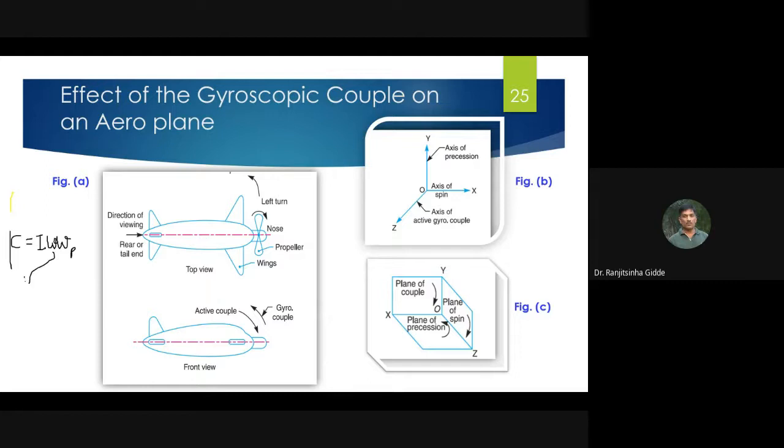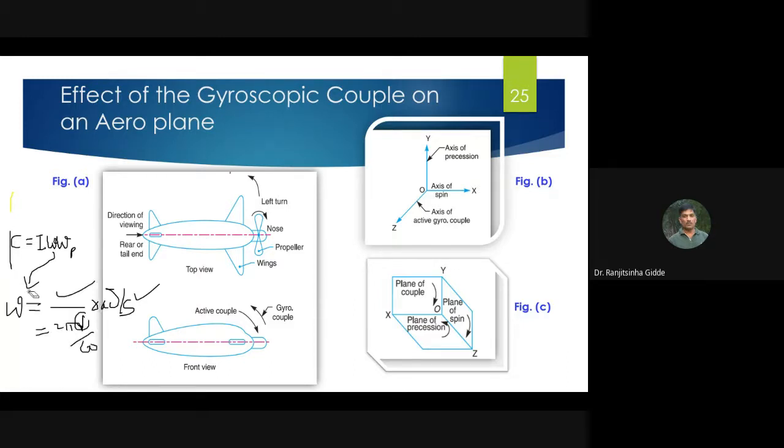Next line you can write omega is equal to angular speed of the engine in radian per second. So how to calculate this? 2 pi n divided by 60. If n is given, we can calculate this omega.